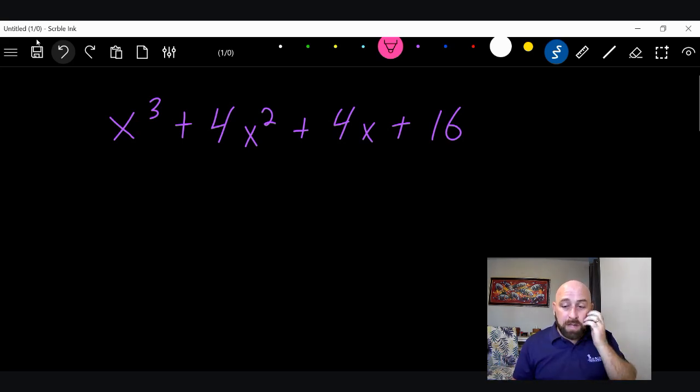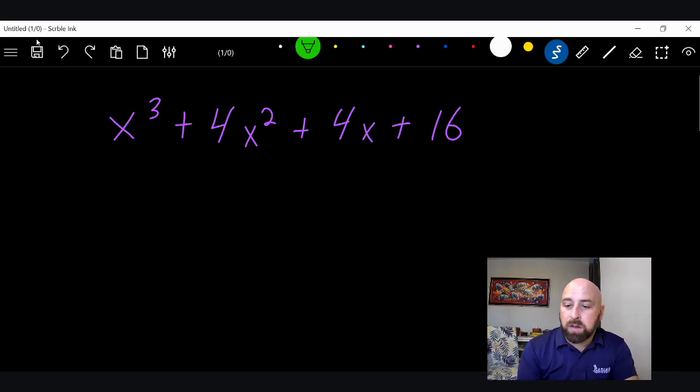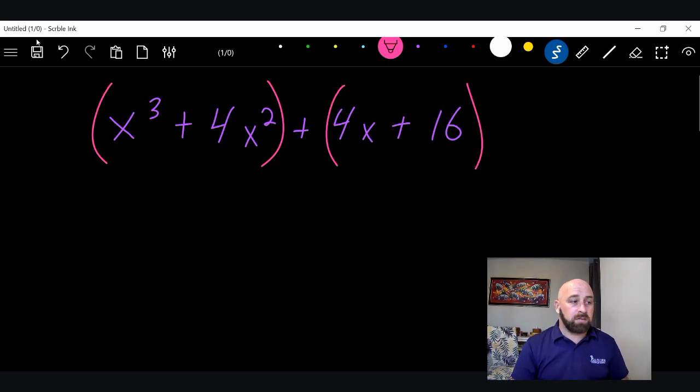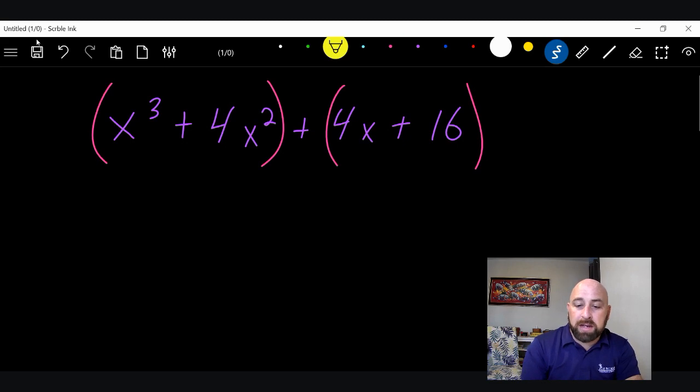All right, so what do I mean by group them? Well, you just take parentheses, and you say, okay, I'm going to put these two together, the first two, and I'm going to put these two together, the second two. The next step is you want to common factor them. So we're going to pull out any common factors.